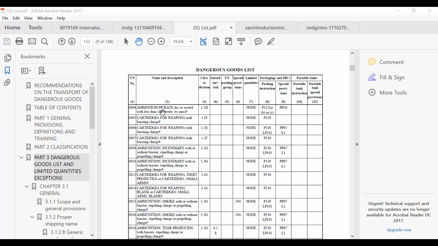I'll pick someone. Olatobi, if you are there, I'll pick you to go first. If you're on board or you have the IMDG code, this is just the best way for you to try and bring it out, and then you try and tally it together.